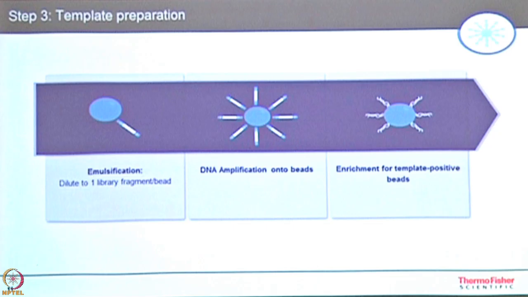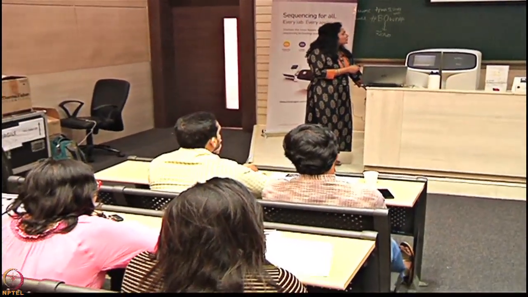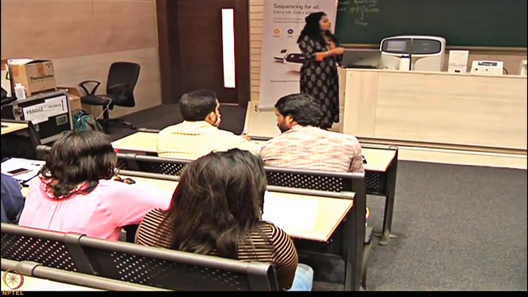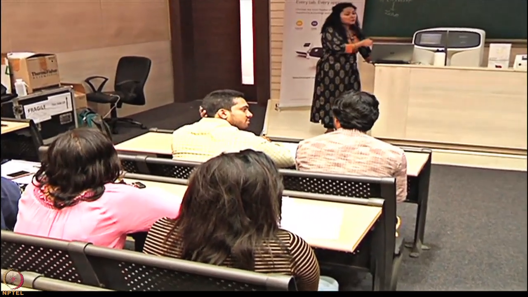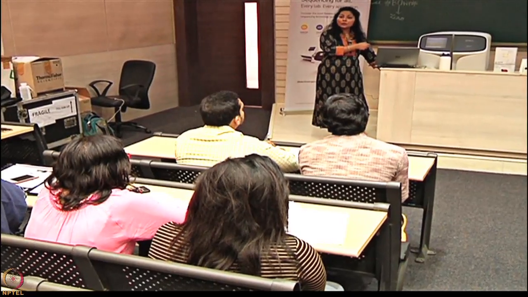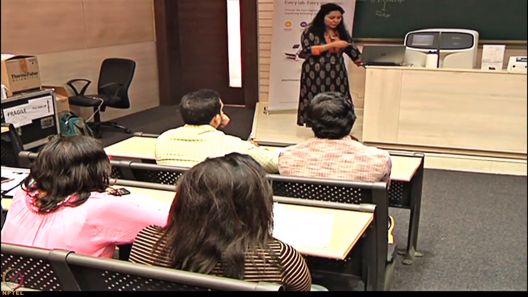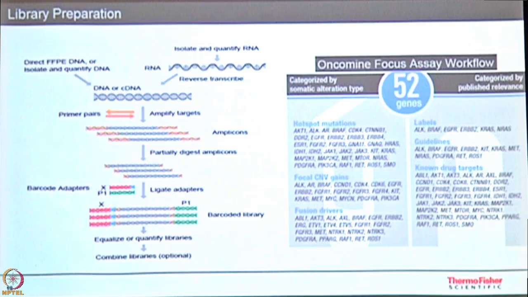Then there could be some ion spheres which have not got amplified. You do not want to load them on the chip, so you negate all those ion spheres at the enrichment step. What is happening is that we are using ion spheres which have an oligo linked to them. This oligo is complementary to one of the adapters which you used during library preparation. If we go back a few slides, we used two adapters, P1 and a barcoded adapter.